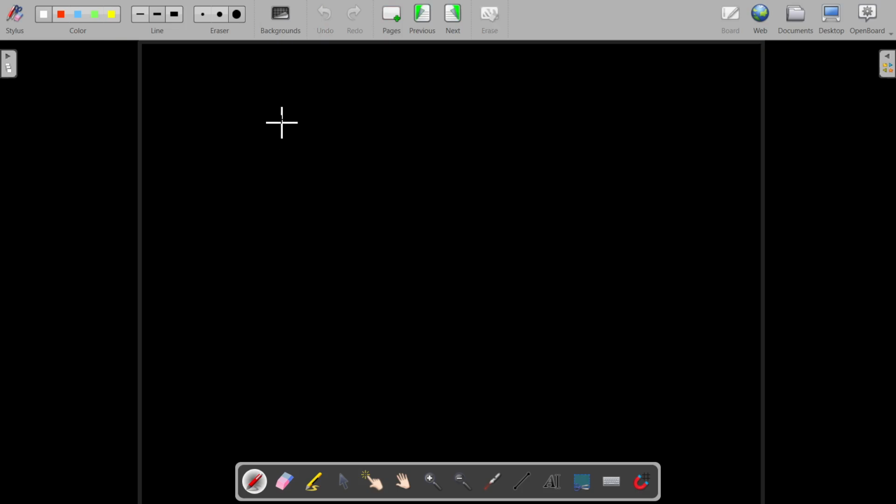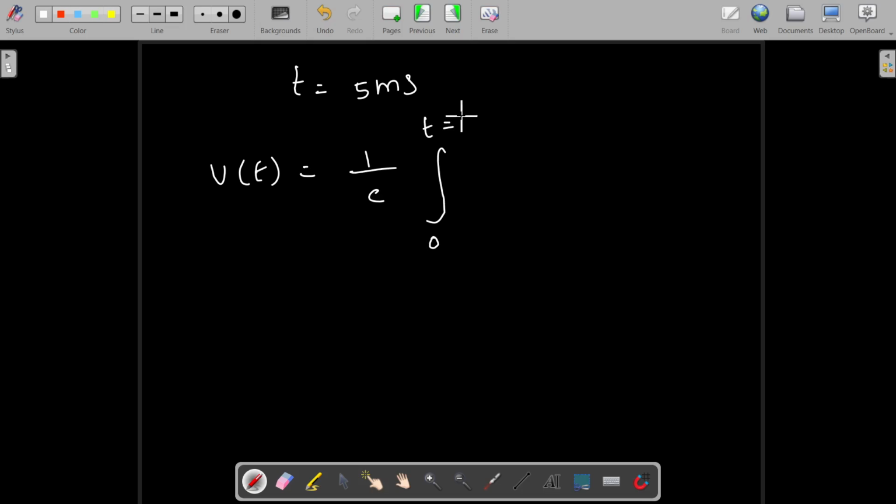Similarly, we'll try to solve the problem for t = 5 milliseconds. So the same thing is applicable. So v(t) = 1 by C integral from t = 0 to t = 5 milliseconds.